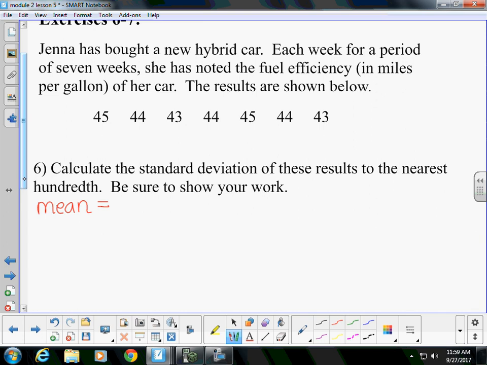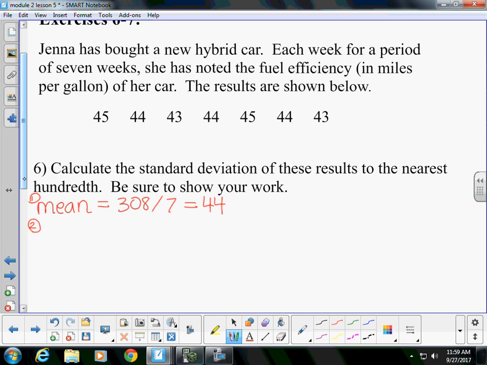So I've got 45 plus 44 plus 43 plus 44 plus 45 plus 44 plus 43, which is 308, divided by 1, 2, 3, 4, 5, 6, 7. So 44. That's the first step, finding the mean.